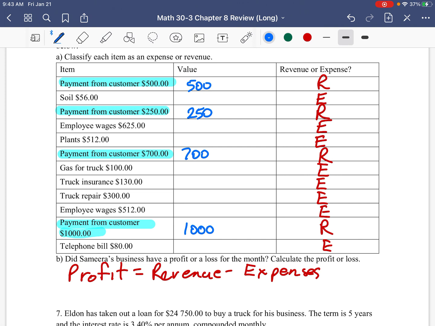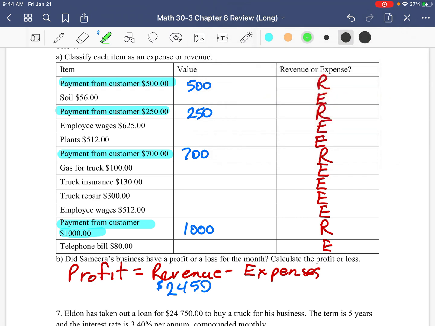Now, grabbing Mr. Calculator, it's 1,700. That's 2,450, I think, but let's double check. 500 plus 250 plus 700 plus 1,000. Yes, 2,450. That's the revenue.